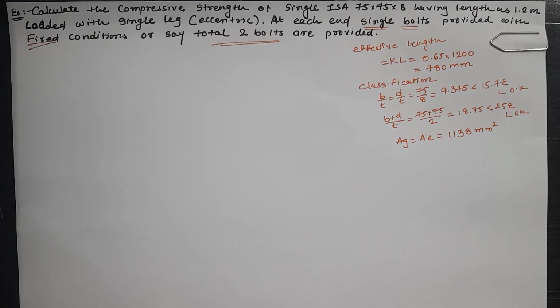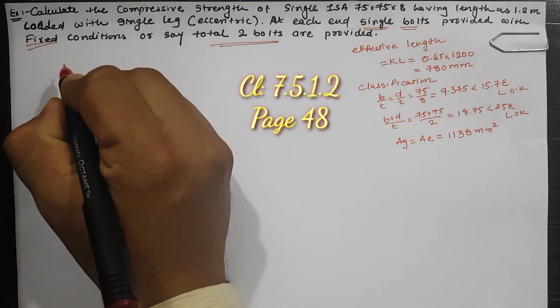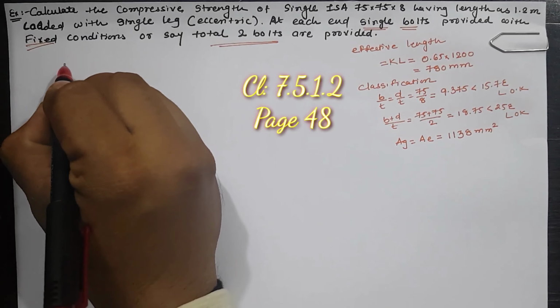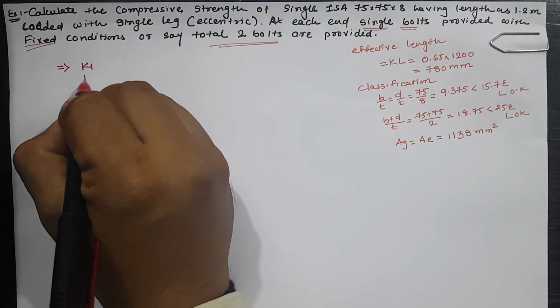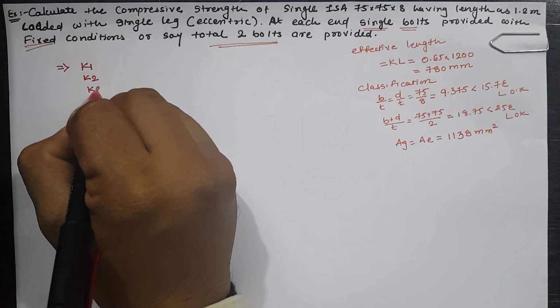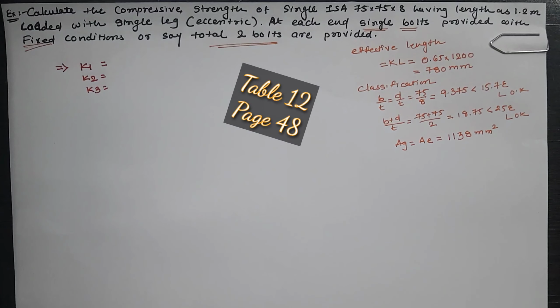Now we have the eccentric loading. So according to IS 800-2007, from page number 48, first of all we are going to calculate the values of the K1, K2 and K3 constants, which are used in the calculation of the effective slenderness ratio.